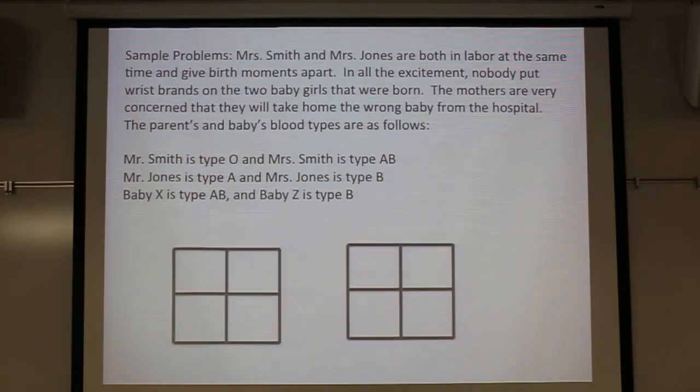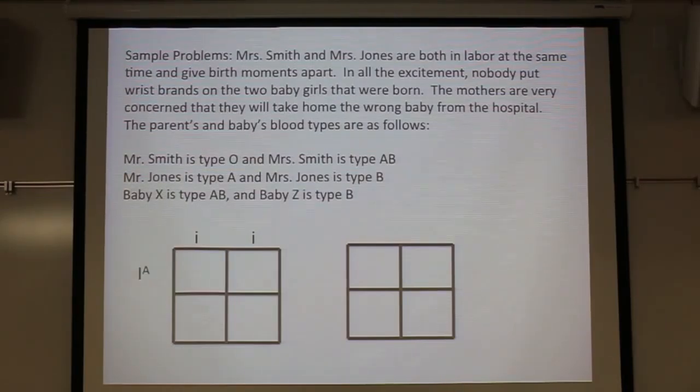So the first thing you do, if you don't have it, you draw your Punnett squares. In this case, we're going to need two separate Punnett squares because we have two sets of parents, the Smiths and the Joneses. So I'll start with Mr. Smith, who's blood type O. Remember, blood type O is recessive, so if you're recessive, you have two copies of the O allele, and in blood type, because you have multiple alleles, we often use this letter I, and if it's a lowercase i like you see here, that means they have the recessive copy.